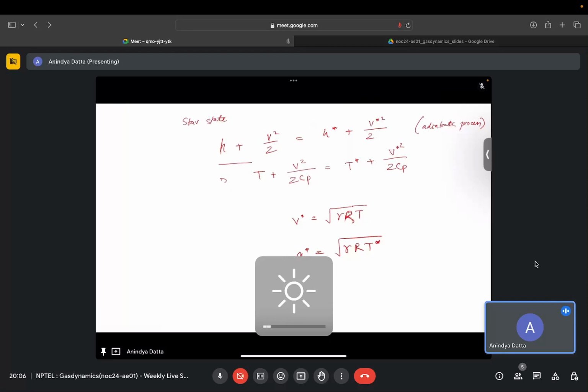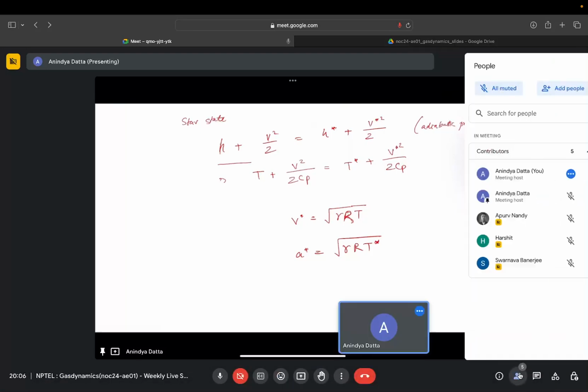The stagnation temperature is derived based on the assumption that the flow is adiabatic. Similarly, the star temperature is derived based on the assumption that we are going through a hypothetical adiabatic process. So if the flow is adiabatic, the star temperature will not change, and if the star temperature does not change, A star will also not change.